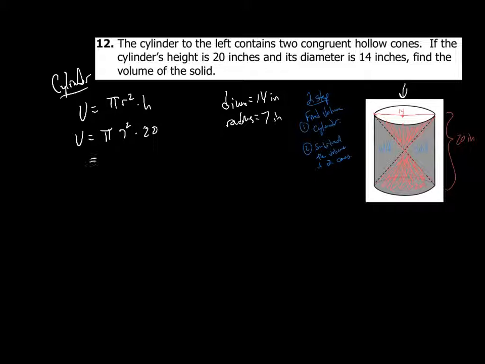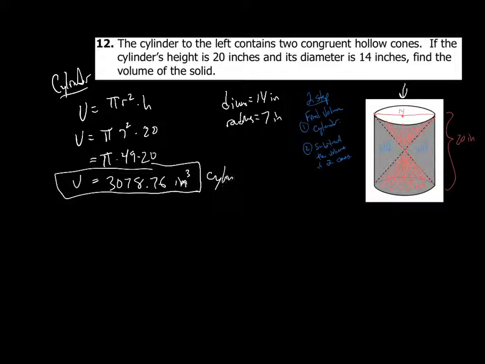And the only thing we're squaring is the 7, so that's pi times 49 times 20. And pi times 49 times 20 is going to yield us 3,078.76 cubic inches. So that's the volume of the cylinder.